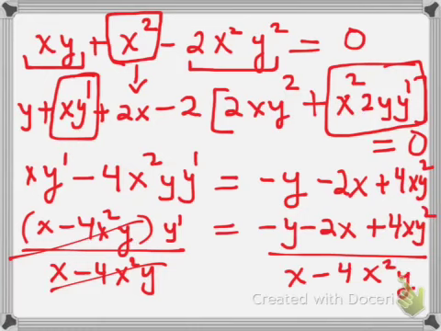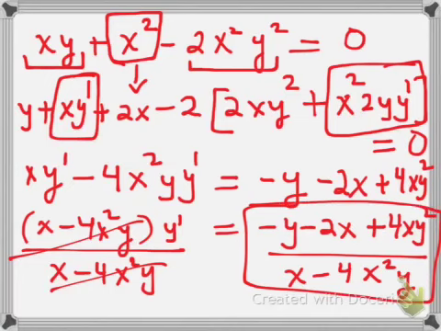Okay, very good. So that's the derivative right here. That's the derivative of this function, of this relation, I would say. I'm not calling it a function, of this relation given implicitly, right?